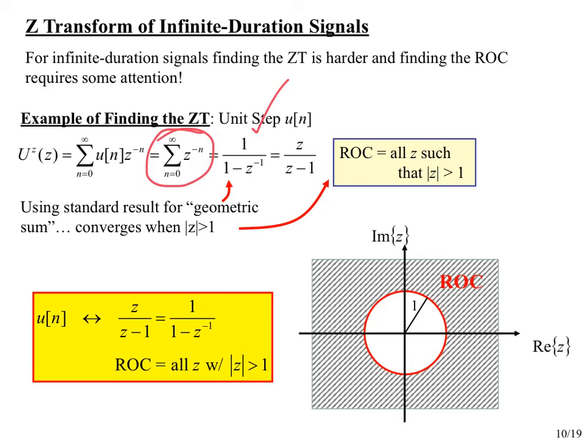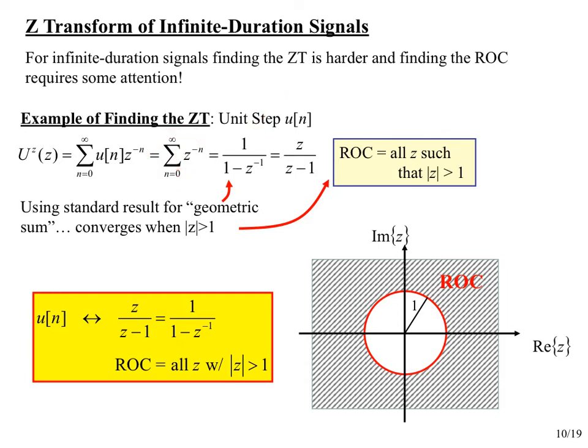Notice that when the magnitude of z is greater than 1, since we're raising this to a negative power, that's the condition where the magnitude of these individual terms in the sum keeps getting smaller and smaller and smaller, and fast enough so that it will actually converge.